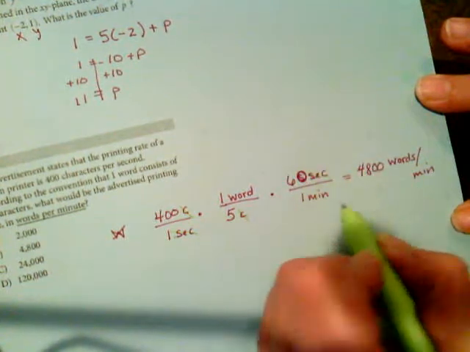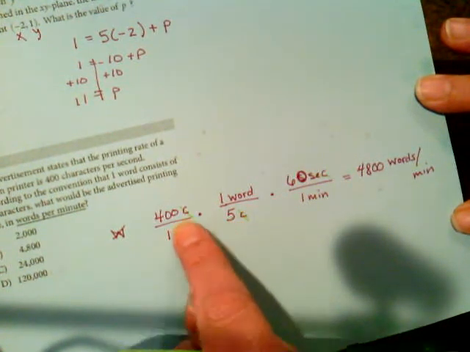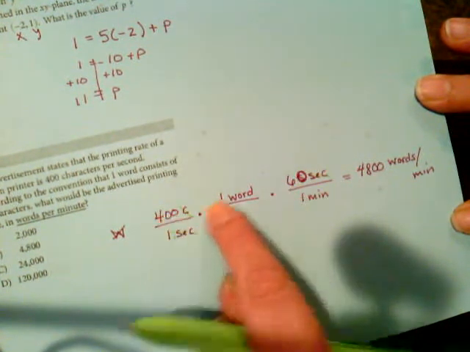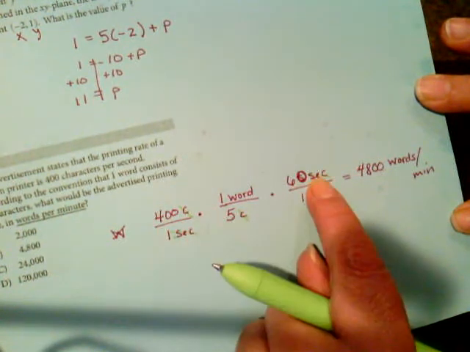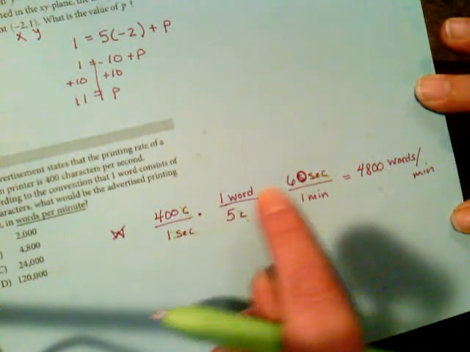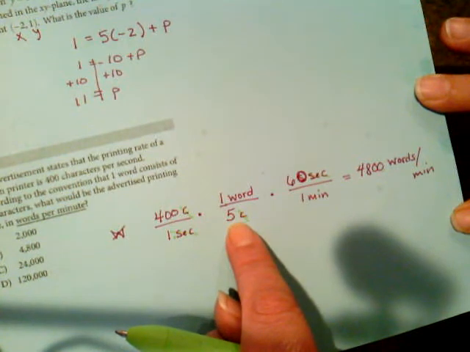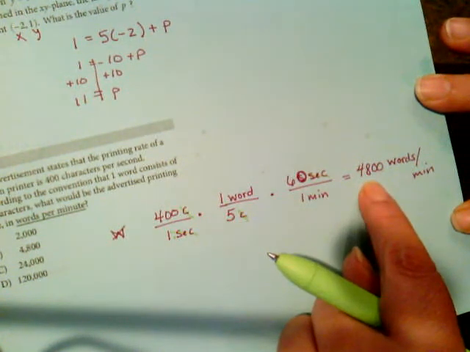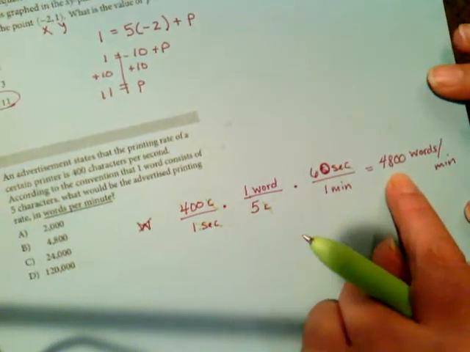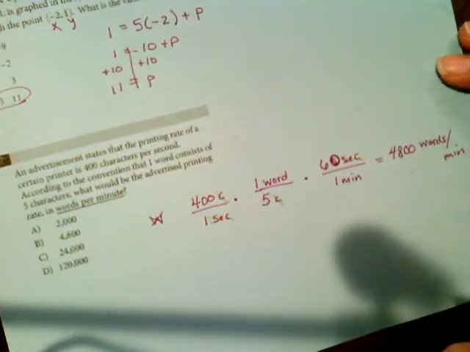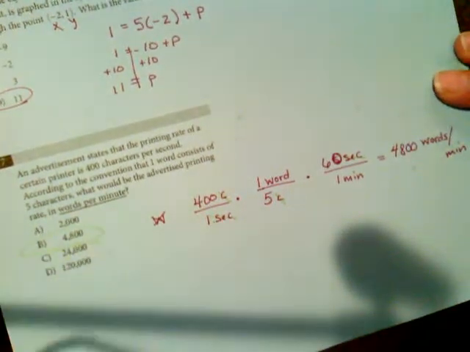I end up with 24,000 over 5, which ends up 4,800 words, okay, per minute. So that's how you do that problem.